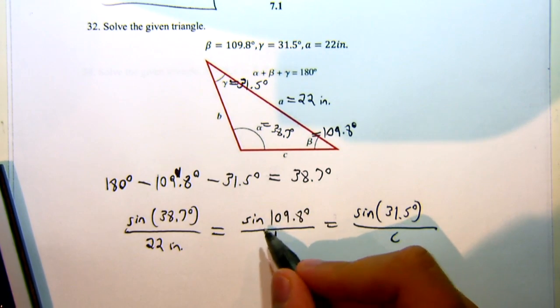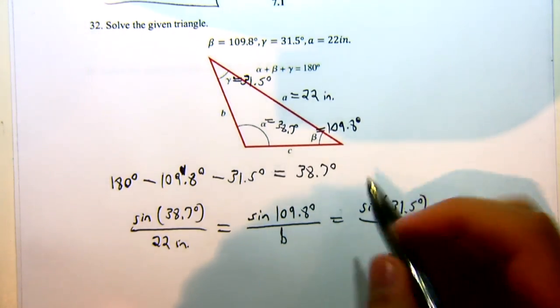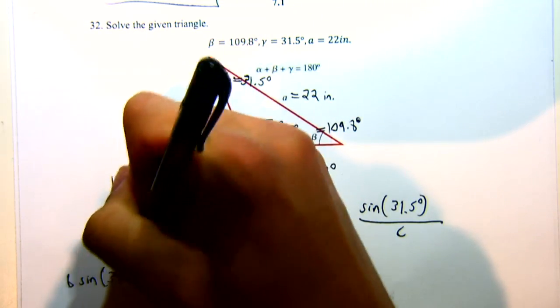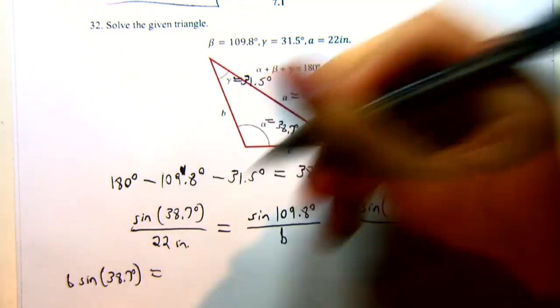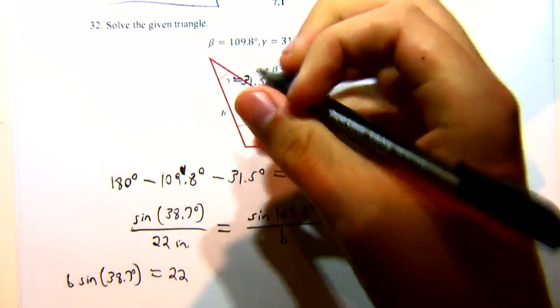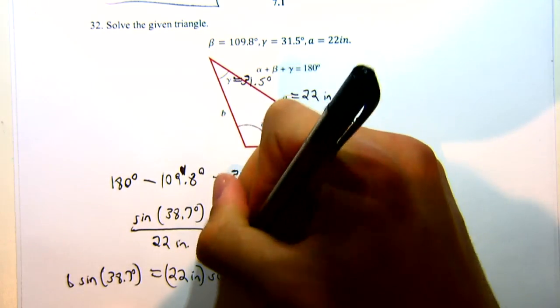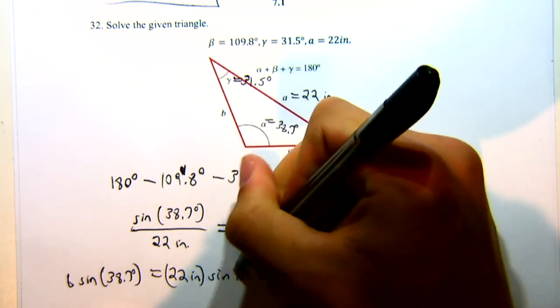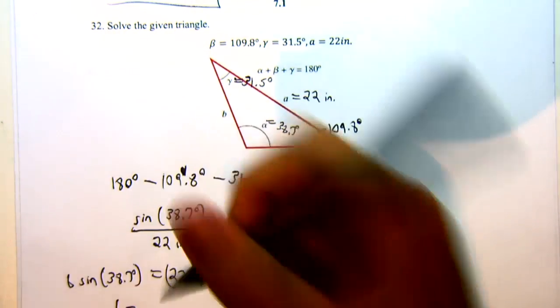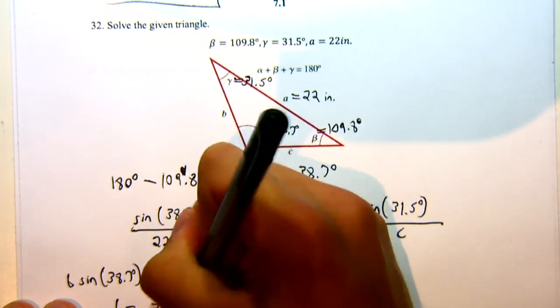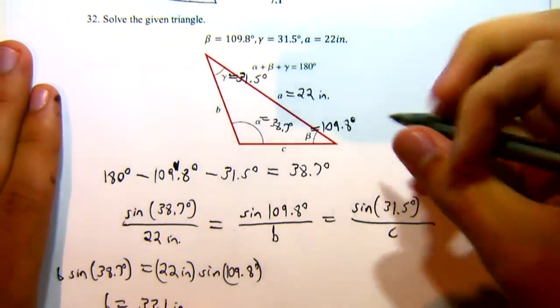So like to find B, all right, and B ends up being 33.1 inches. All right, so B is 33.1 inches.